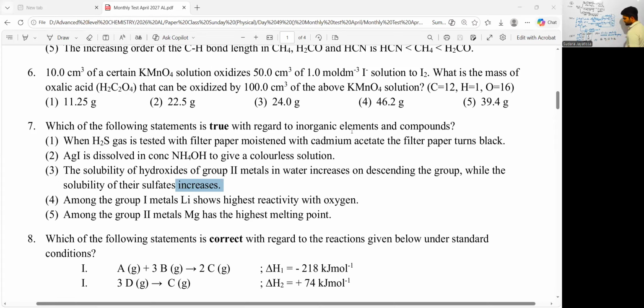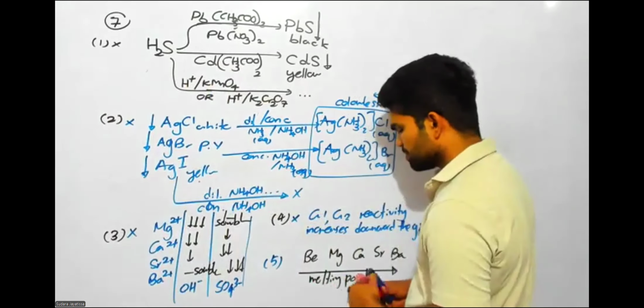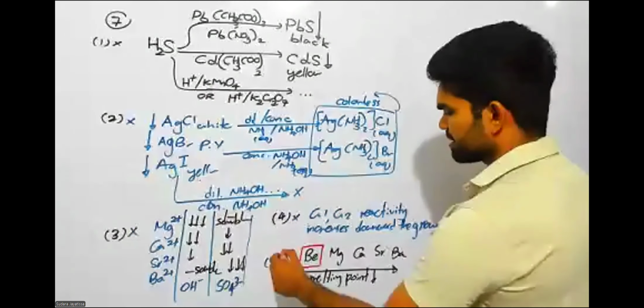These are the 5 metals. So their melting point decreases downward. Okay, so the highest melting point is therefore not magnesium. It is therefore beryllium.